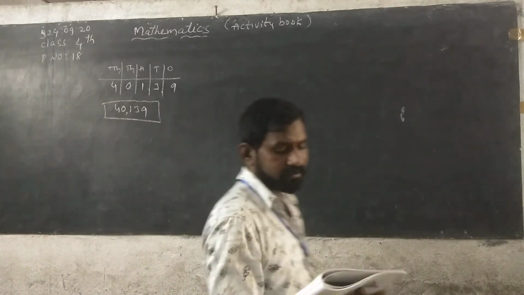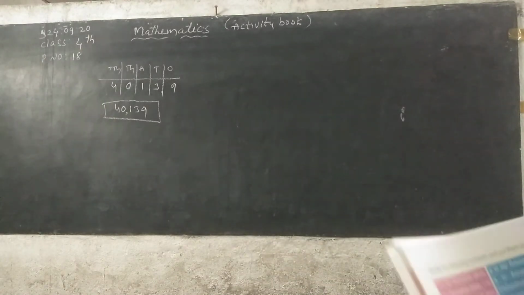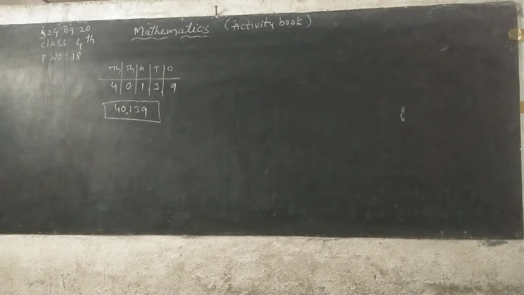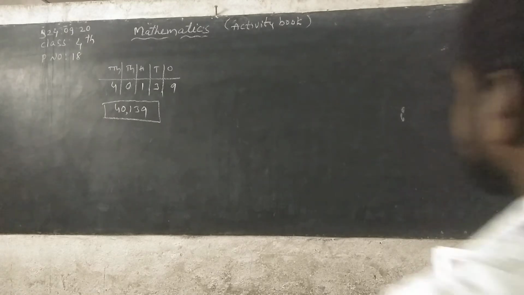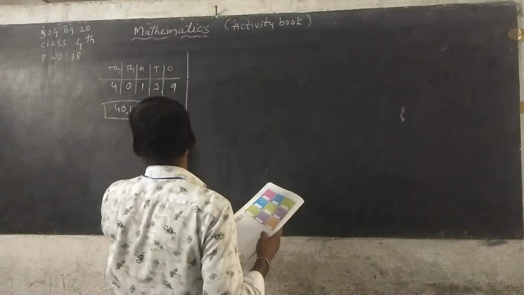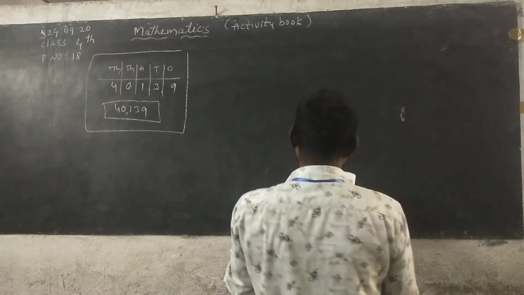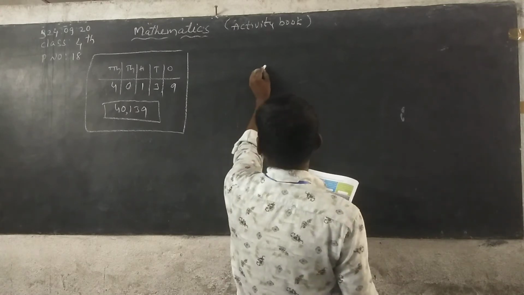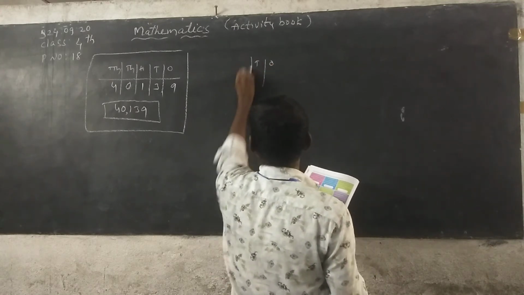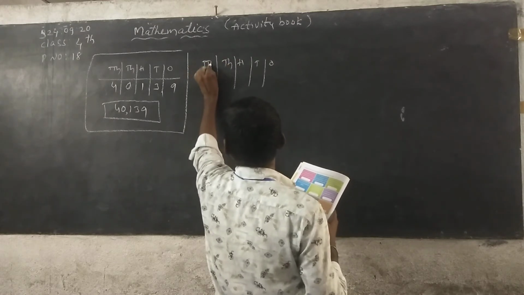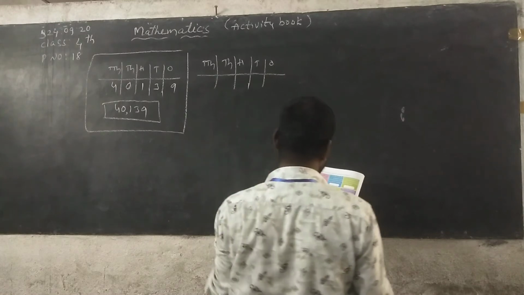Now first row, second one. See here, you can write ones, tens, hundreds, thousands, 10,000's.